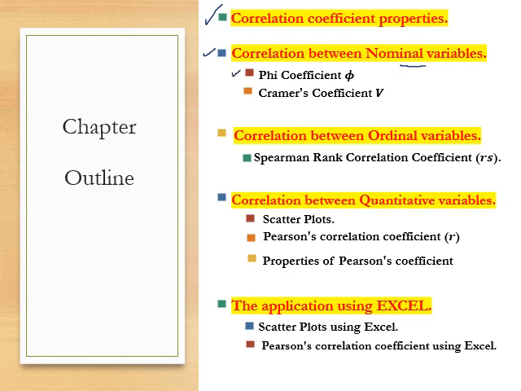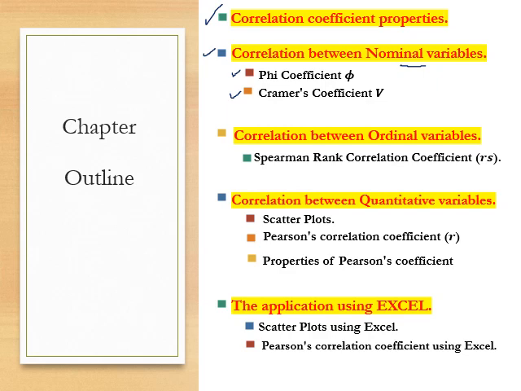We use the phi coefficient if one of the nominal variables has two categories, while we use Kramer's coefficient V if both nominal variables have more than two categories.